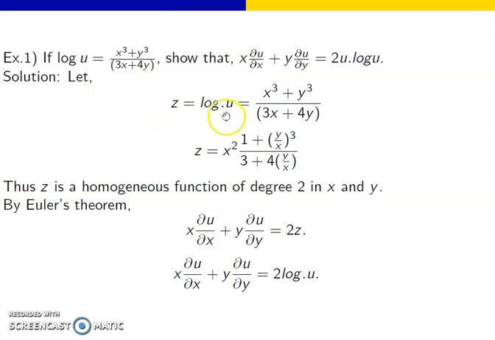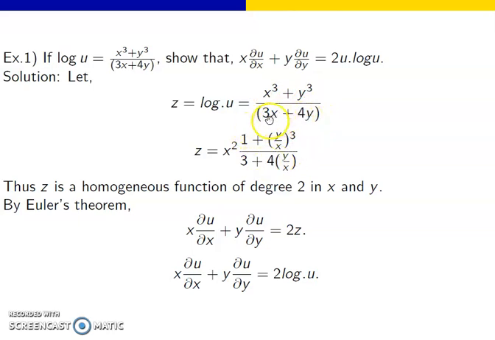Let z equal (x cube plus y cube) upon (3x plus 4y). What we have done is take x cube common. If I take x cube common from the numerator and x from the denominator, it becomes x squared. The numerator becomes 1 plus (y by x) whole cube.